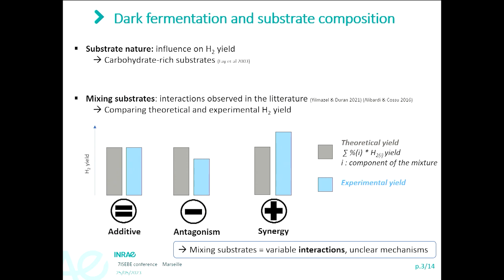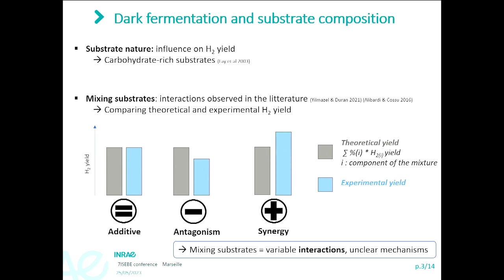It is well known that the substrate nature has an influence on hydrogen yield during dark fermentation. In particular, as it was presented before, carbohydrate-rich substrates are the most appropriate to produce hydrogen. But sometimes when we mix substrates of different composition, with different contents of carbohydrates, proteins, or lipids, we can observe interactions.